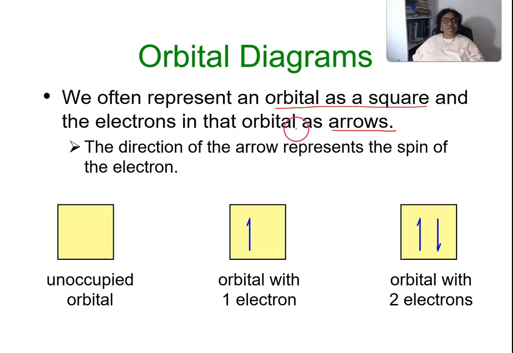The direction of the arrow represents the spin of the electron. So this is an unoccupied orbital. This orbital has one electron, and this orbital has two electrons, spin up and spin down.